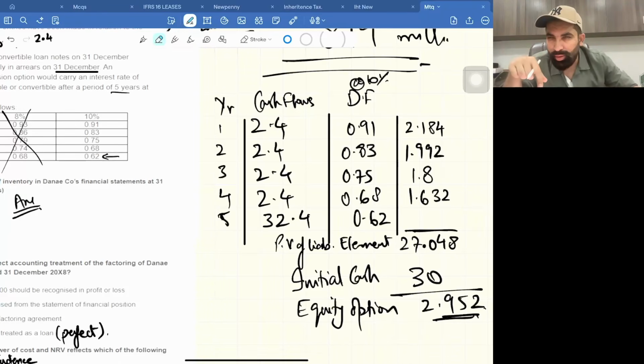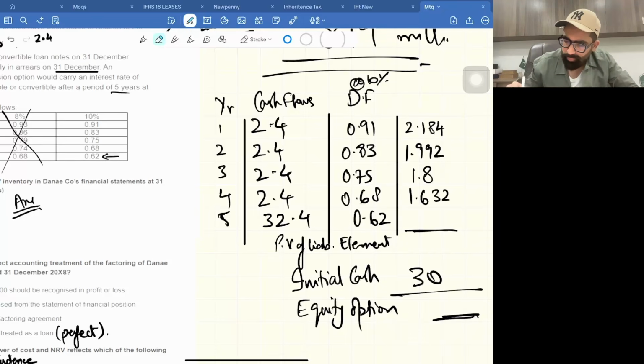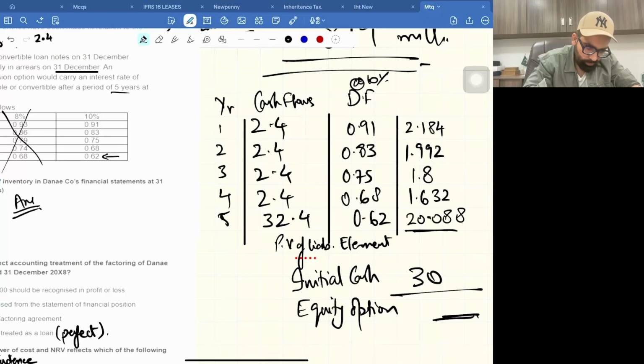Actually I'm taking the class without glasses, it's comfortable for me. 32.4 multiplied by 0.62 is 20.088. Okay, so 27.696.